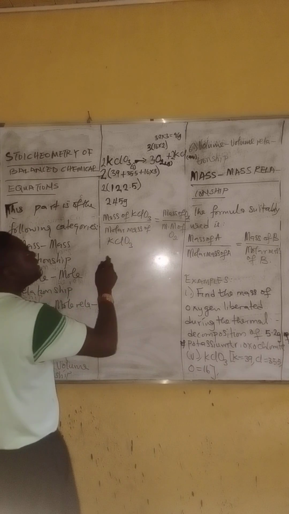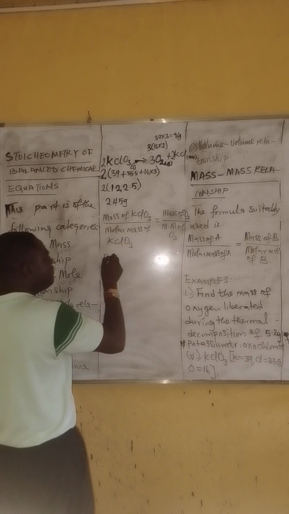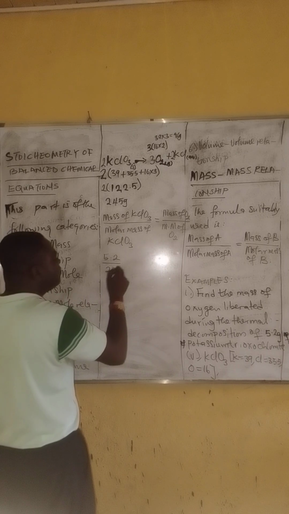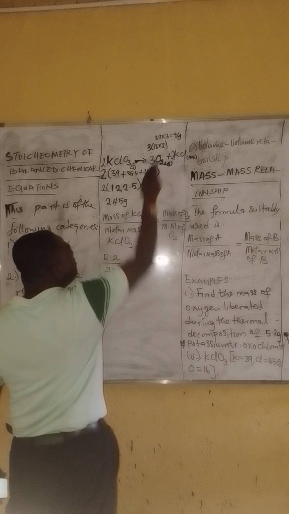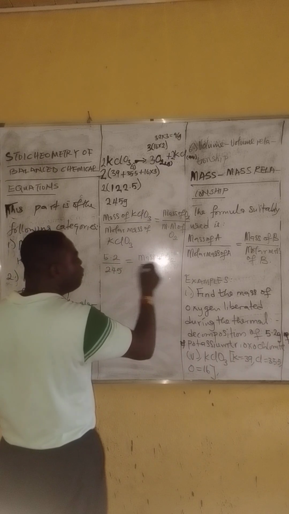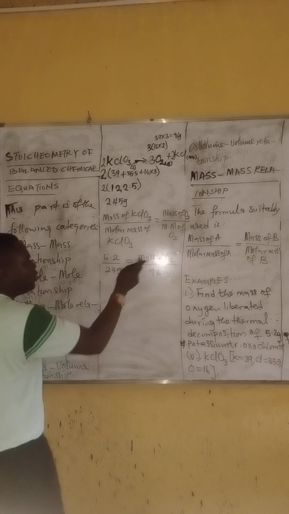What is the mass of KClO3 given to us in the question? That's 5.2. What is the molar mass we have gotten? 245. Then equals the mass we are looking for, mass of O2. What is the molar mass of O2? 96.